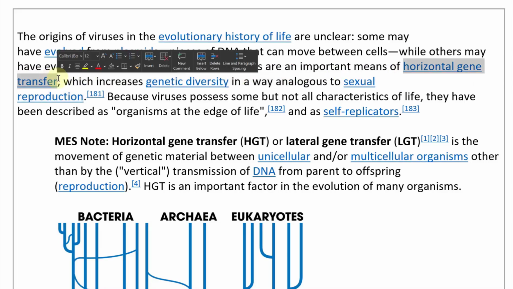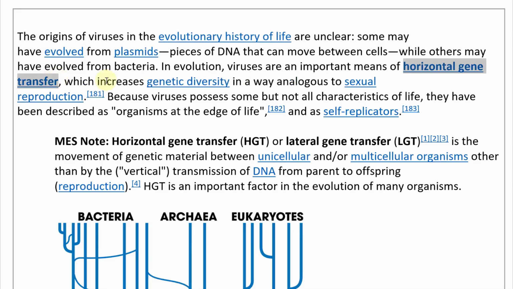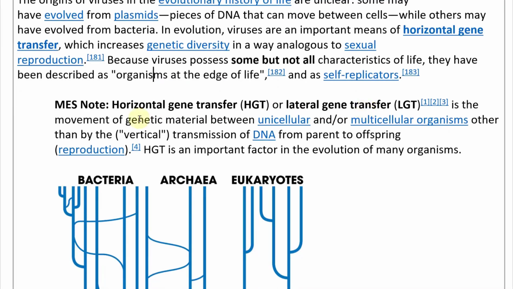So viruses can transfer genes horizontally, instead of the typical method, which is vertically using reproduction. We'll get to that in a bit. This increases genetic diversity in a way analogous to sexual reproduction. Because viruses possess some, but not all, characteristics of life. So "some, but not all" is the key one right here. They have been described as organisms at the edge of life and as self-replicators. All right, so let's continue further.